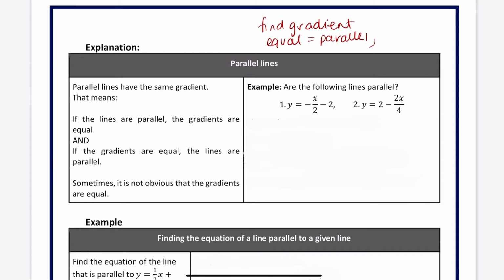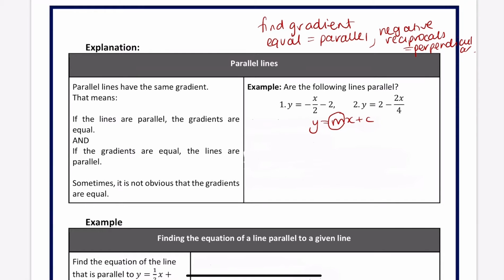If they are negative reciprocals, they are perpendicular. Okay, so that's just generically how to do that. Now let's check the gradients of this. So we want it in the form of y equals mx plus c, so that we can identify the gradient as the coefficient of x.